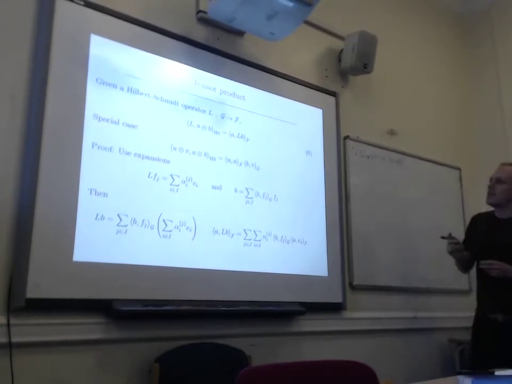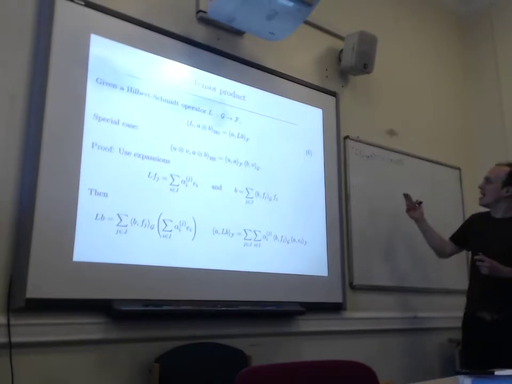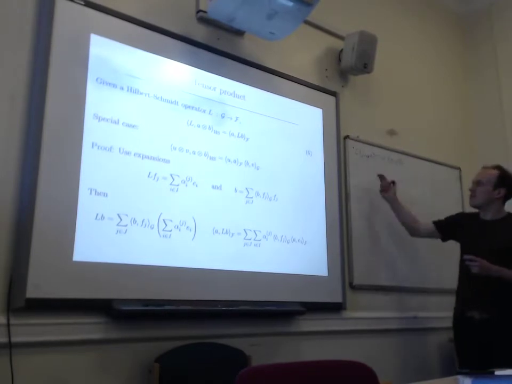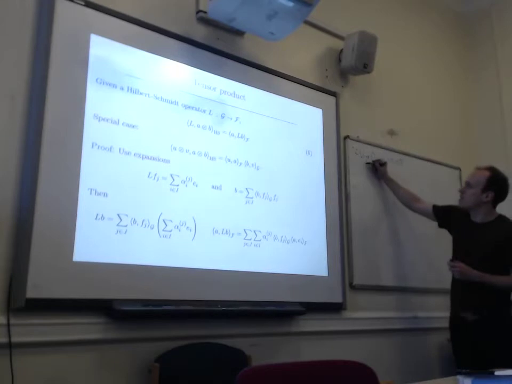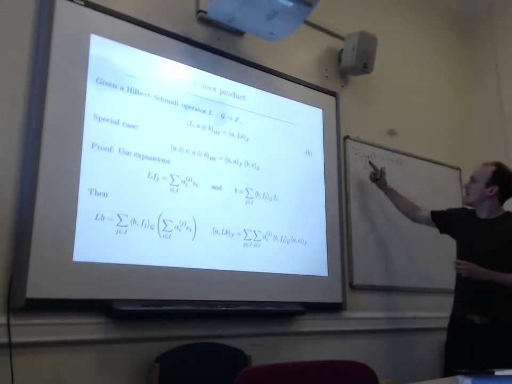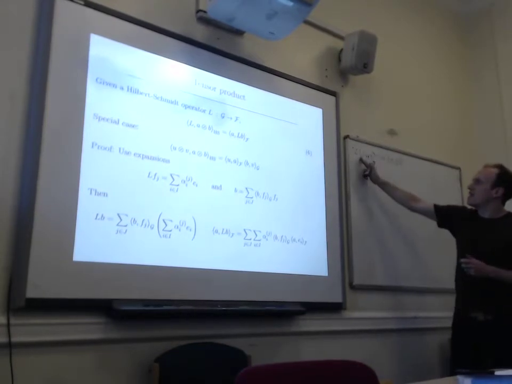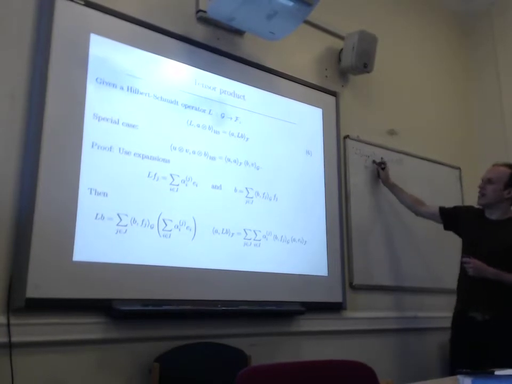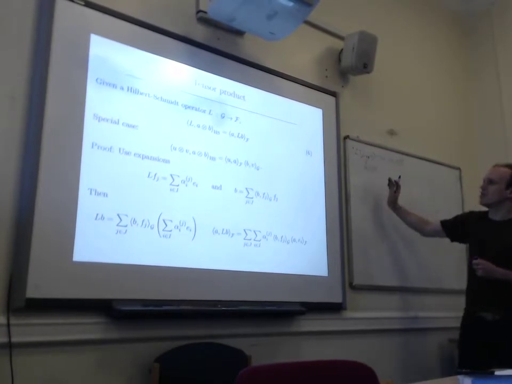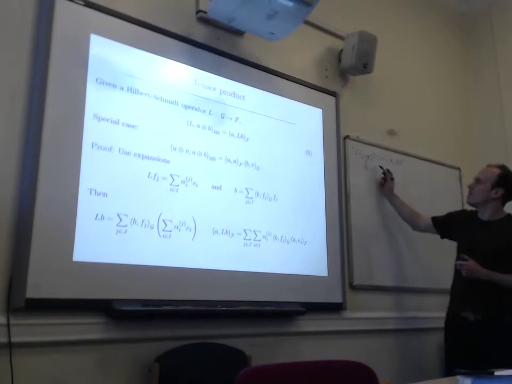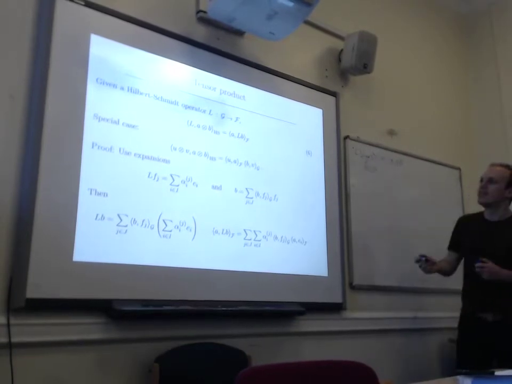Now to do this, I need to say, what's going to happen for some operator in the Hilbert space that I've defined? What happens when I take a function in the F space and take the inner product with such an operator and a G?